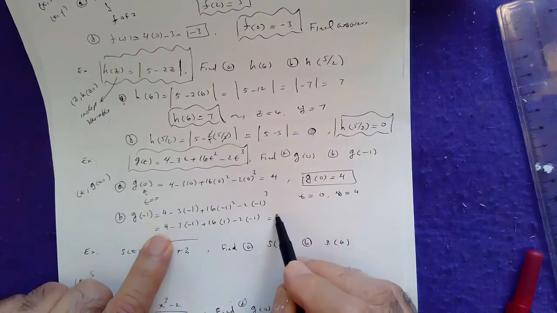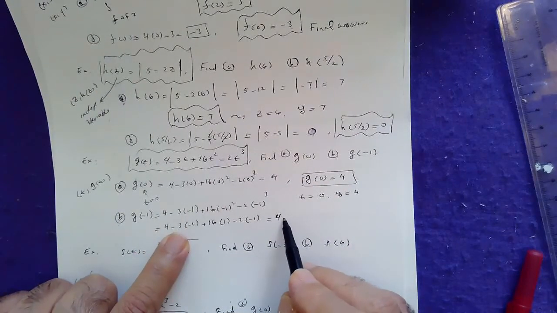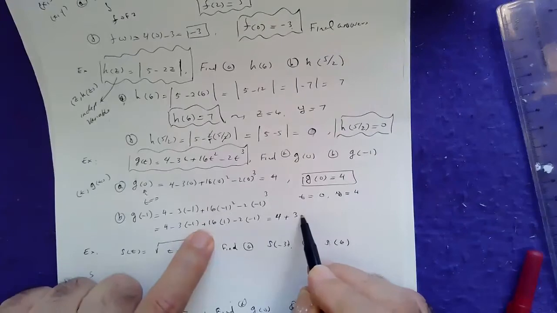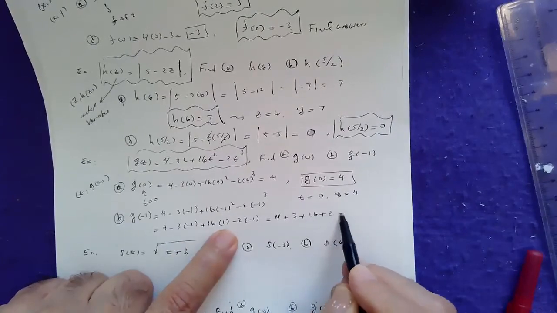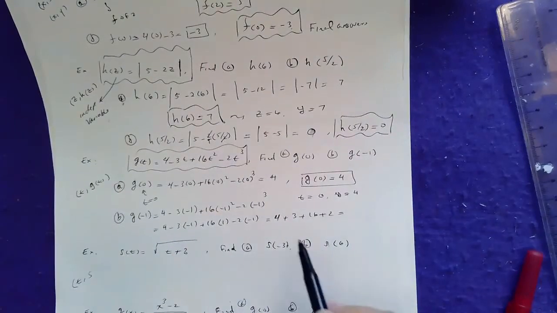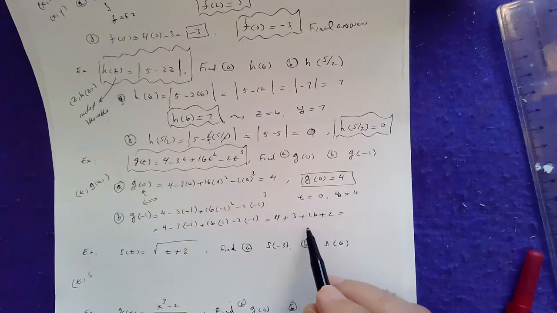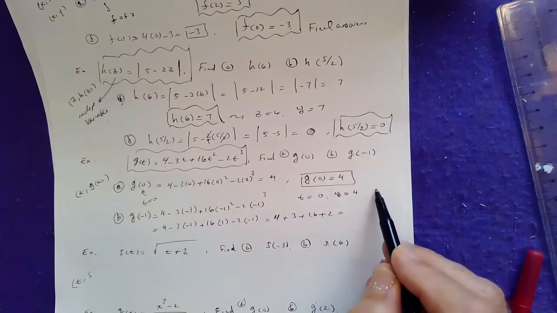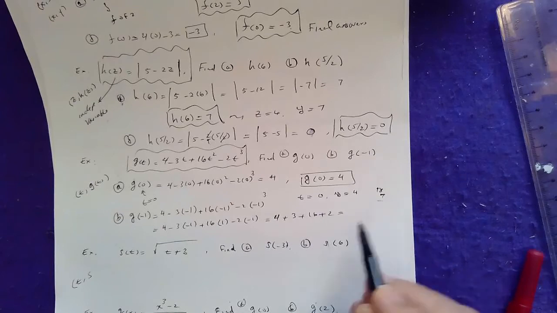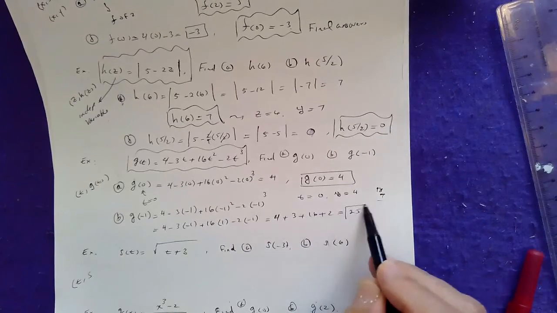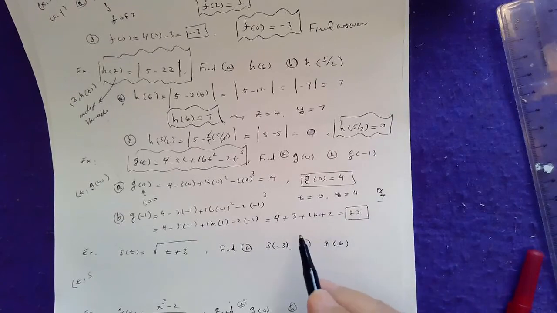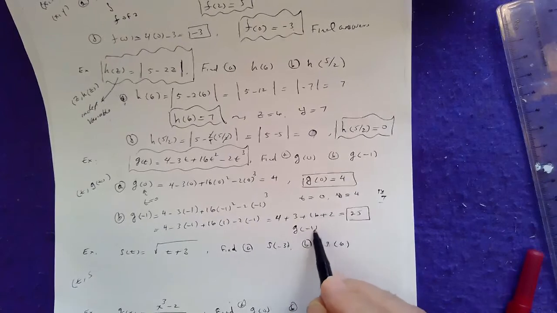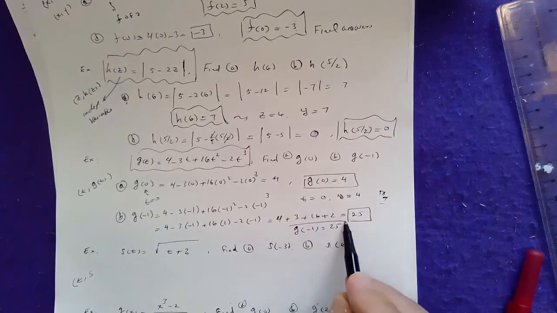So here you get 4, -3 times -1 is +3. This is 16 and that is 2. So this is like 7 and that's like 18. Is that right? So that's like 25. So how do you write the answer? g of -1 is equal to 25.